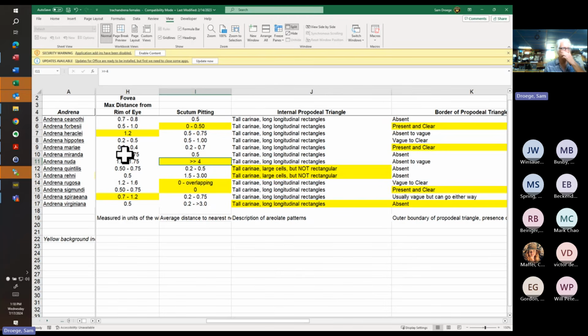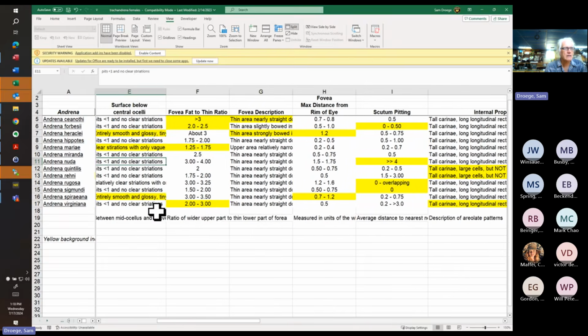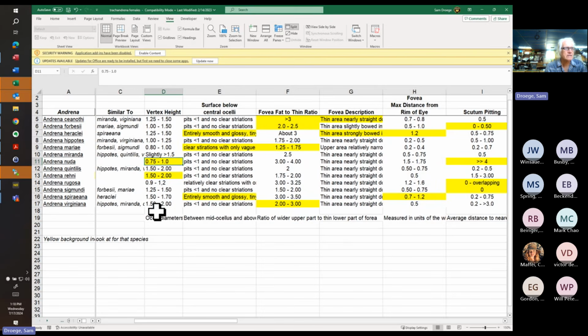So here you can see the yellow is designating an important character, much greater than 4 apart, and you'll see that it's almost none. And they are sparse, and that is the sparsest of all of these. So almost right away you can tell what it is. Let's see, vertex height is pretty low. Most of the species have a greater than 1.